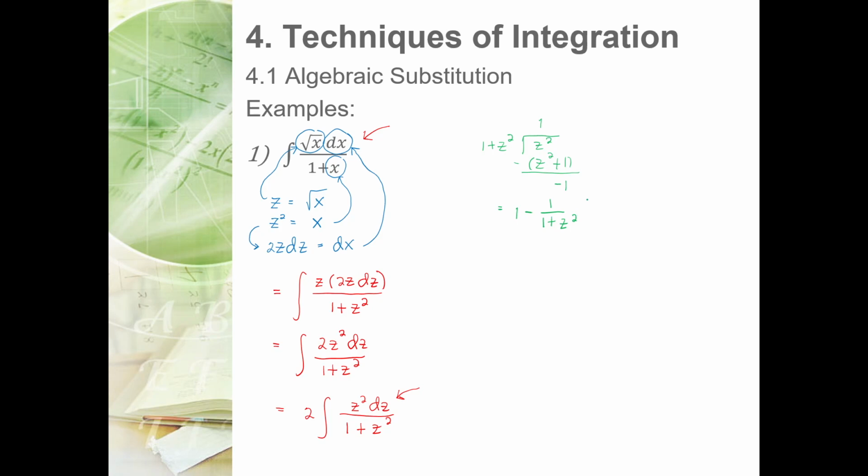So I hope you remember how to divide algebraic terms and also know how to represent the remainder and the final answer. Writing the new equation from the long division process, 2 integral of 1 minus 1 all over 1 plus z squared dz.